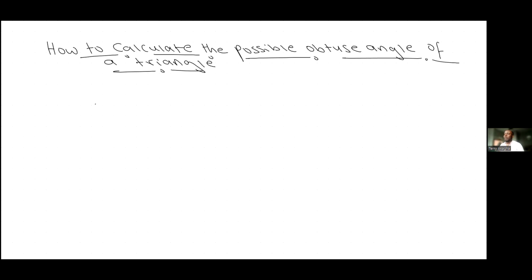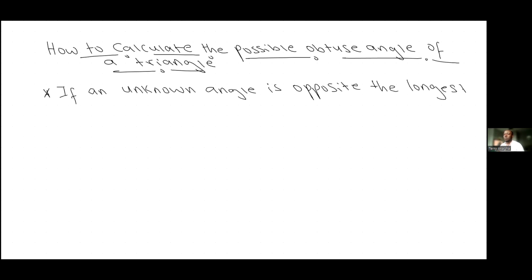So let me write it clearer. What I said is that if an unknown angle is opposite the longest side, okay, two triangles may be possible.